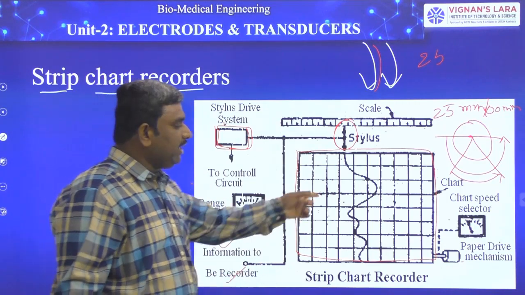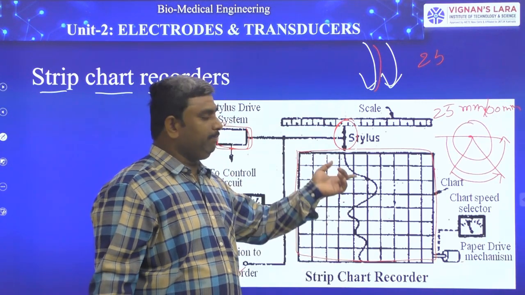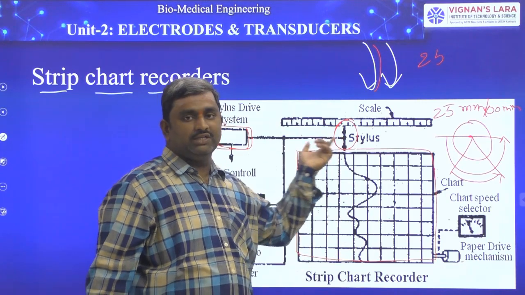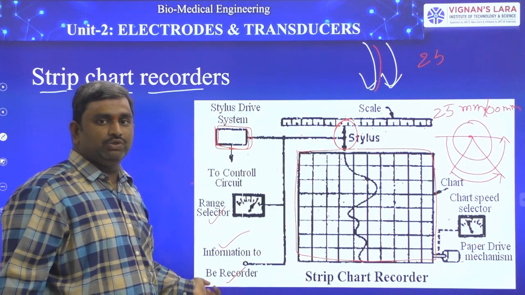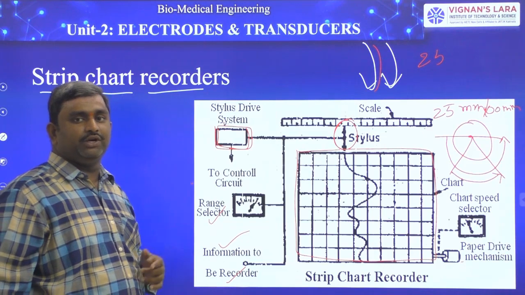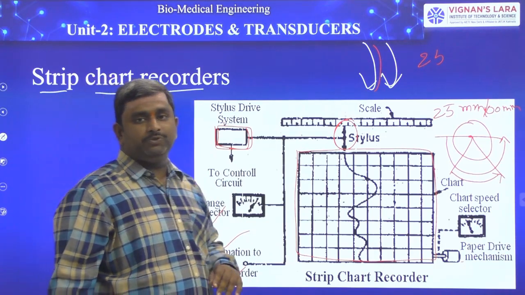With this speed only the paper has to move, and based on the direction of the paper's movement, the stylus has to record the information collected from the information source, and this information source is connected to the human body. So this is the strip chart recorder.